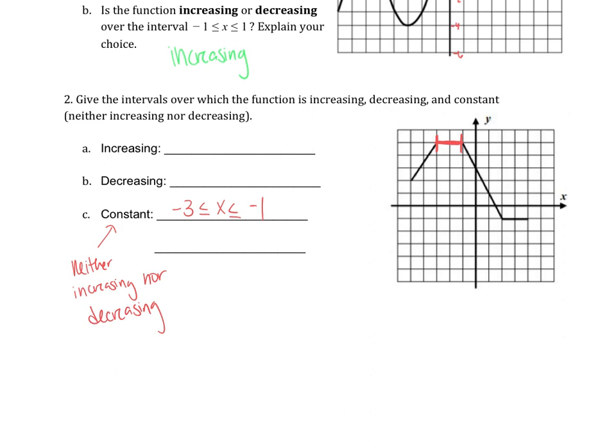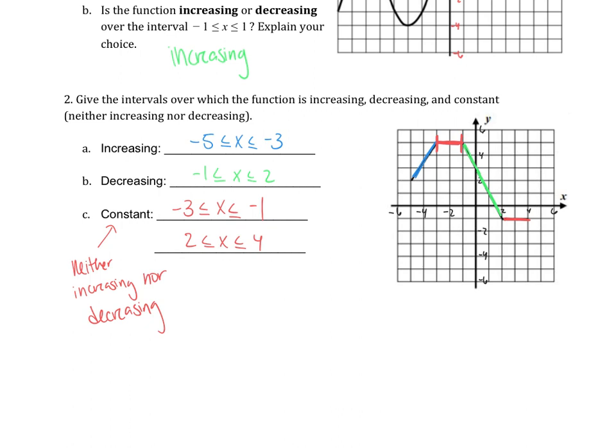What I want you to do right now on your own is write an interval where it's increasing, decreasing, and then the other interval where it is constant. There's one more interval where it is constant. Pause the video right now and do this on your own. All right, I wrote in those intervals.